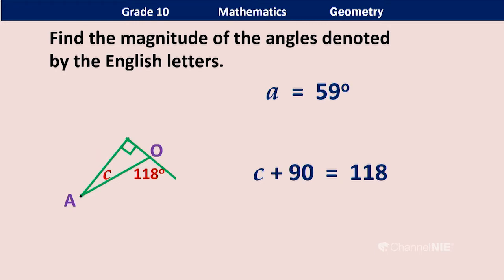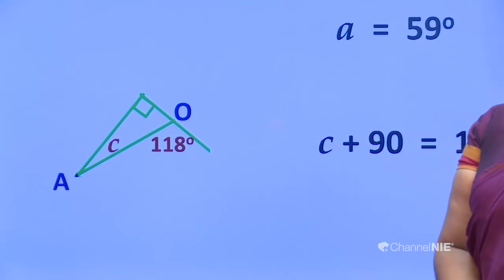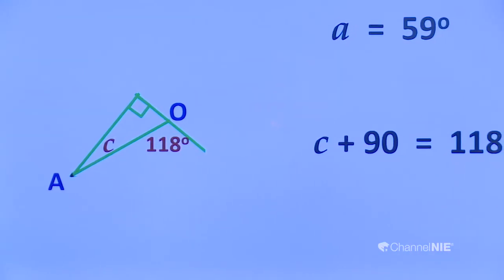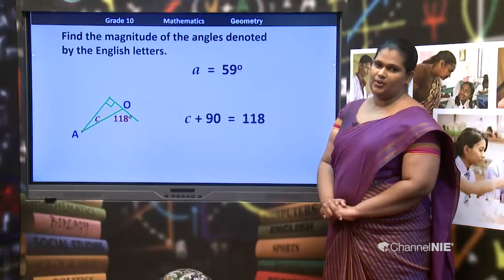Previously, we have learnt a theorem: the magnitude of the exterior angle is equal to the sum of the interior opposite angles. Now, this is the exterior angle. These are the interior opposite angles. Therefore, I can get C plus 90 degrees is equal to 118 degrees.